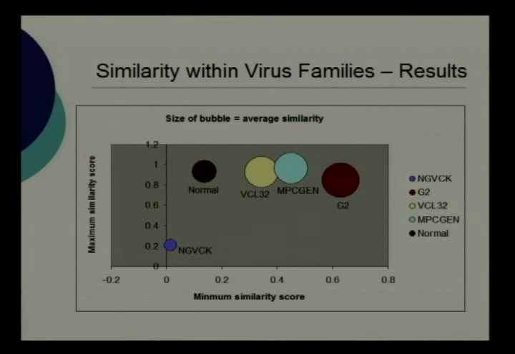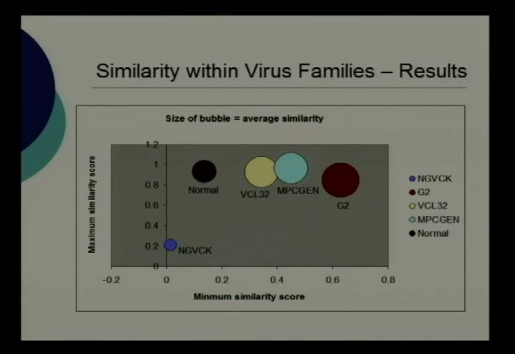If a generator is effective, meaning the variants it generates actually look different, we would expect to see a bubble that is very small and very close to the origin, because the minimum, maximum, and average should be small for effective metamorphism. Again, we can see here that the NVIC generator outperformed the other 3 in terms of generating different looking viruses.